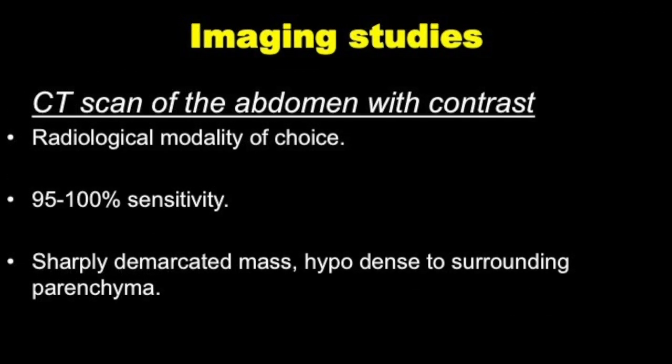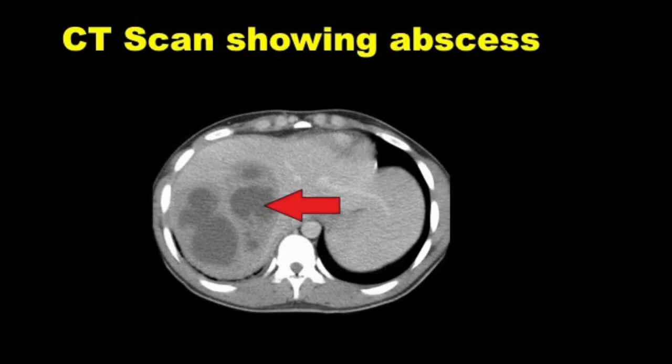Then CT scan of the abdomen with contrast is also an imaging modality of choice with a 95 to 100% sensitivity. And what you'll see is a sharply demarcated mass, which is hypodense to the surrounding parenchyma. Yeah, so you will see, I think I have, there's an image there of a CT scan showing the abscess.